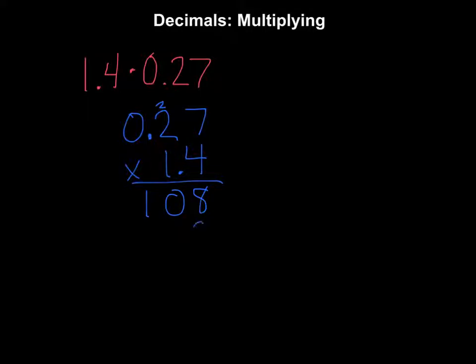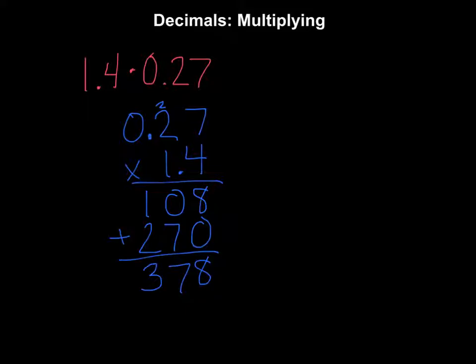So I need a placeholder 0 first, and then 1 times 7 is 7, and 1 times 2 is 2. Add it all up. 8 and 0 makes 8. 0 and 7 makes 7. And 1 and 2 makes 3.